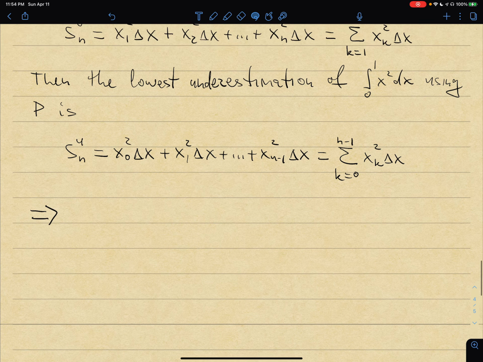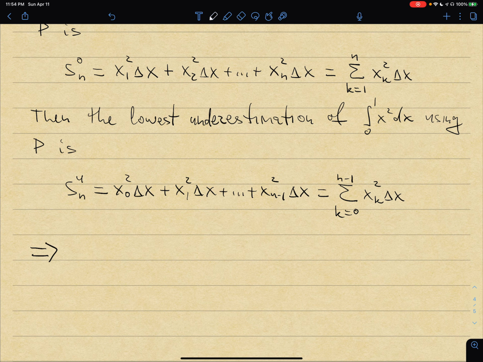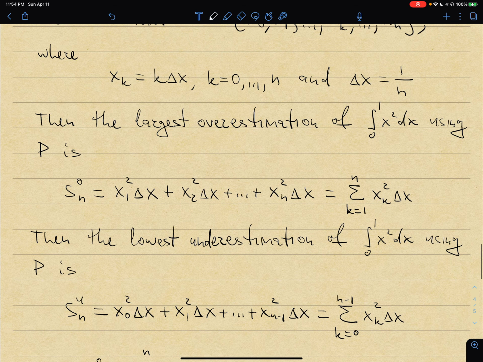And so then, just going back to the first formula, the largest overestimation by using n rectangles of equal length is going to be a sum k from 1 to n. What's xk? xk is k times delta x.